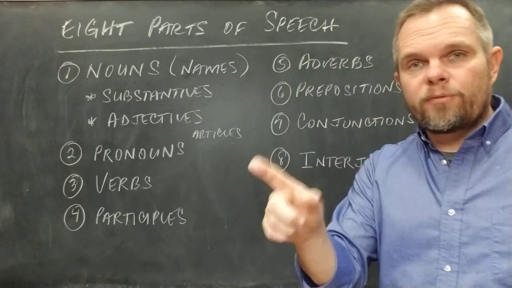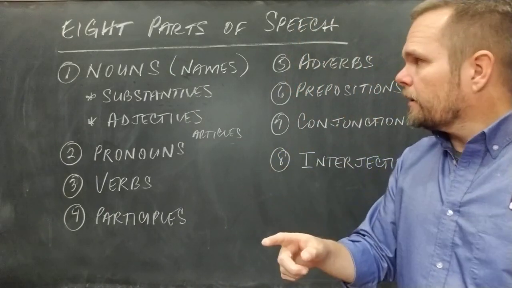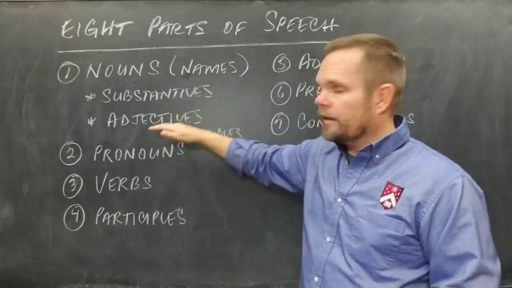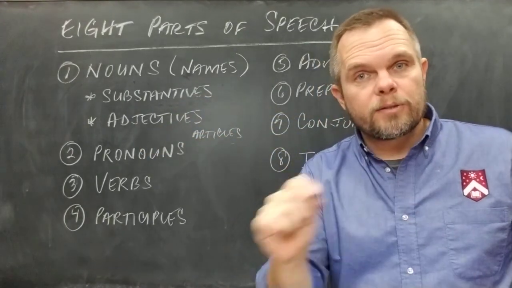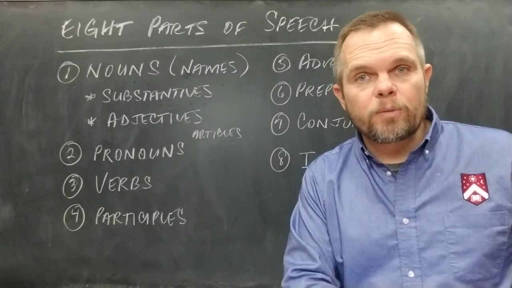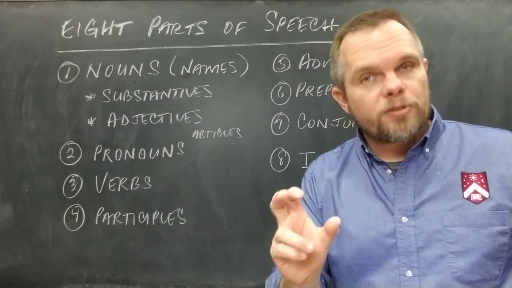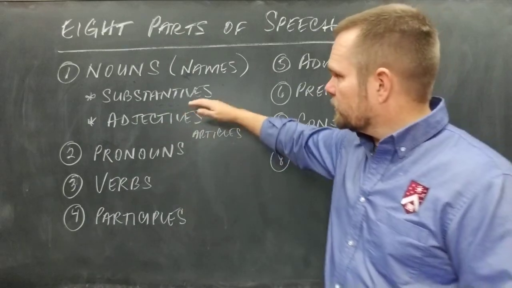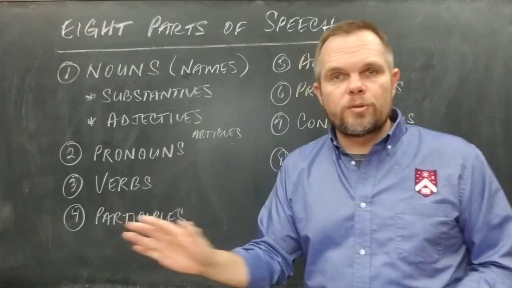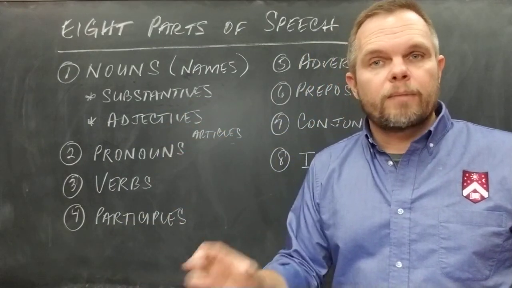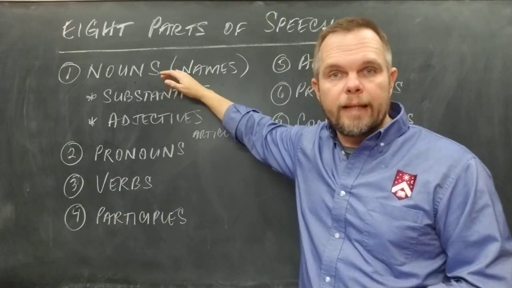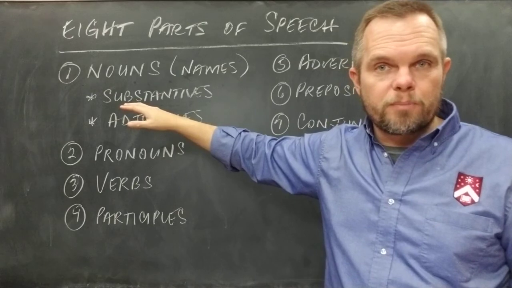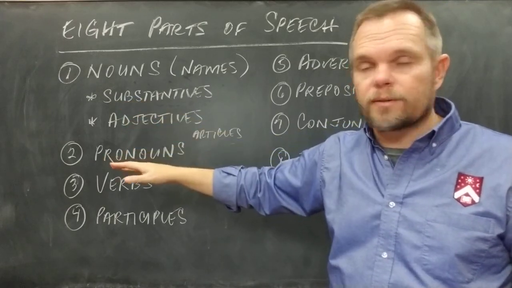Notice that in each of those descriptions, for substantives and adjectives, it says that it's called a noun substantive and a noun adjective. That's the proof that substantives and adjectives are not two separate parts of speech, but they're two different kinds of nouns. Noun is the first part of speech, names for things.